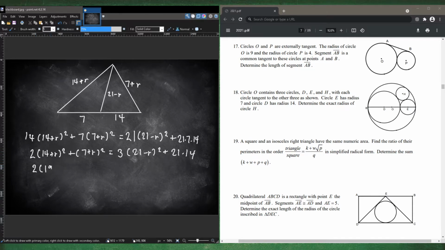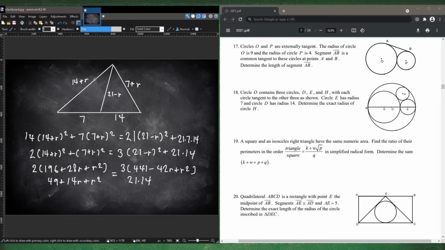So 14 squared is 196. 14 times 2 is 28r, and then r squared. And then we have 7 squared, which is 49, plus 14r plus r squared. That's equal to 3 times 21 squared equals 441 minus 42r plus r squared. And we still have 21 times 14.